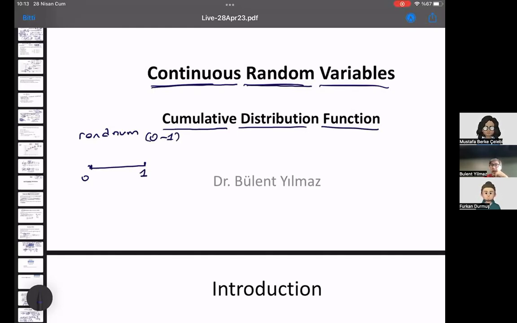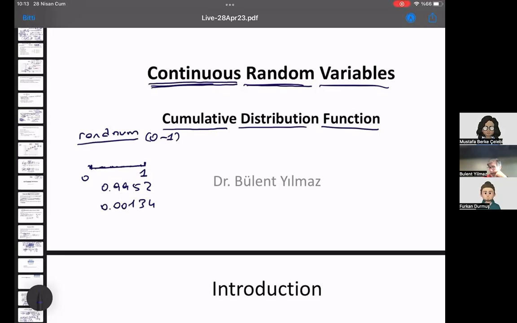It can be any number, right? So it can be 0.9952, or it can be 0.00134, right? So any number in this range can be obtained by a random number generator, for example. So continuous random variable it is, right?